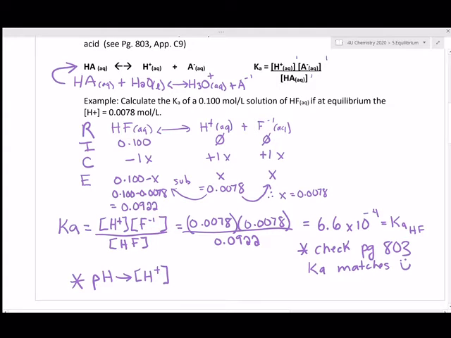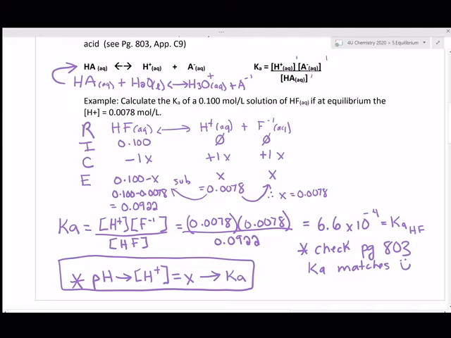Once you have H+, you can see that that is going to be equal to X in your Rice table. And once you've got all your equilibrium lines solved, you can then plug into the equilibrium law equation and solve for Ka. So this is kind of the general process that we went through or could go through with a question like this. This one was just a little bit easier.